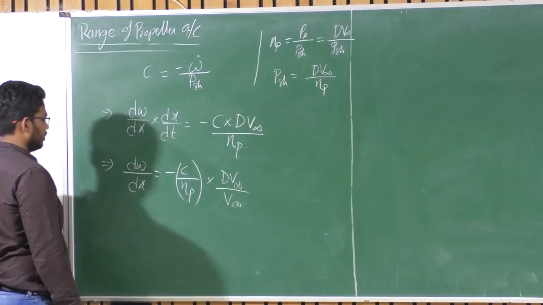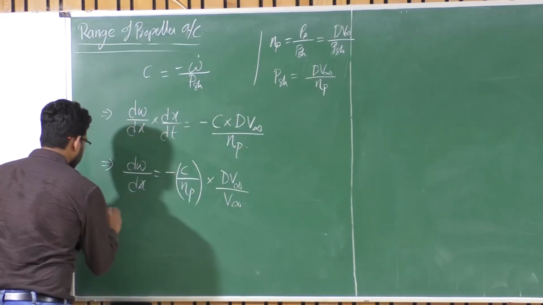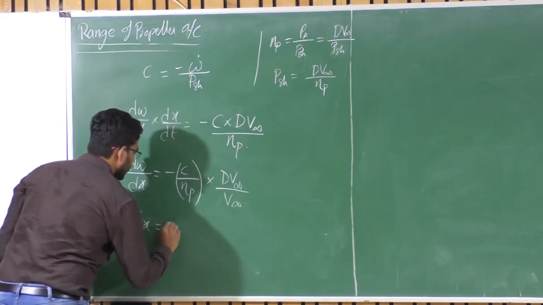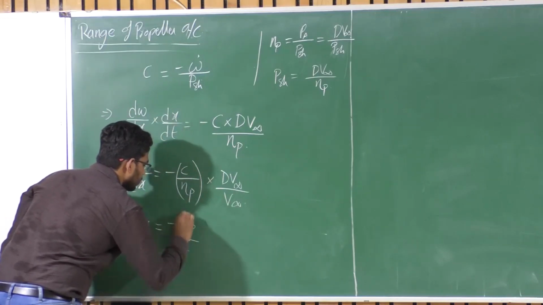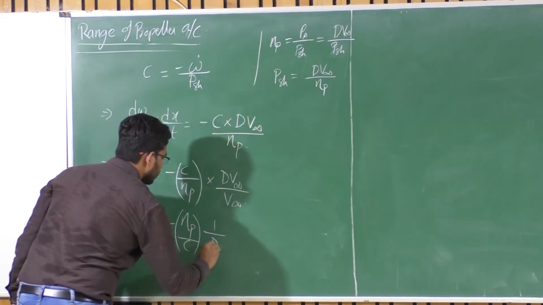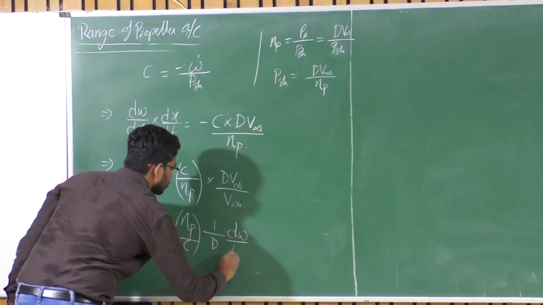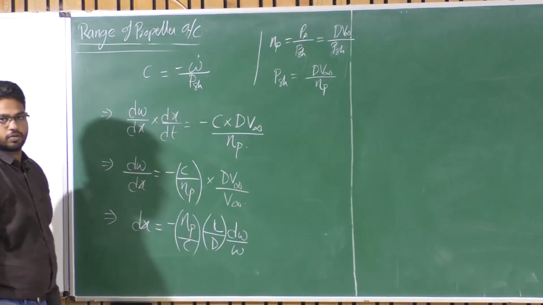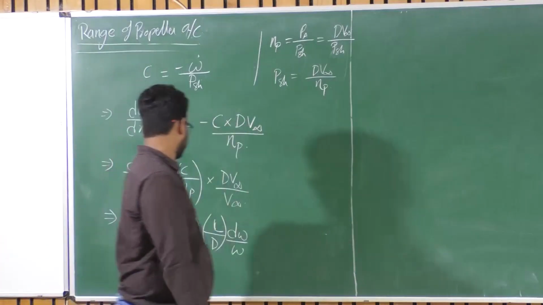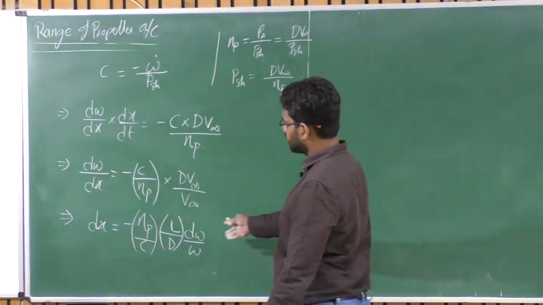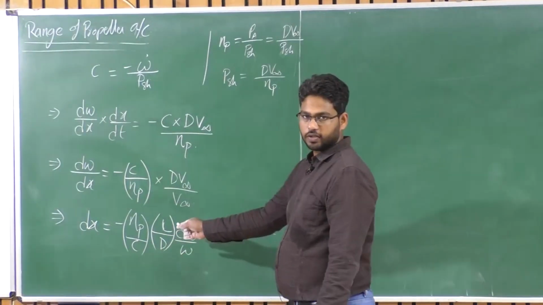What I want is the range, dx, which is equal to minus eta P upon C times 1 upon D times dW, so this is like L by D times dW upon W here. I don't see any complexity in this equation for level flight at a constant alpha.